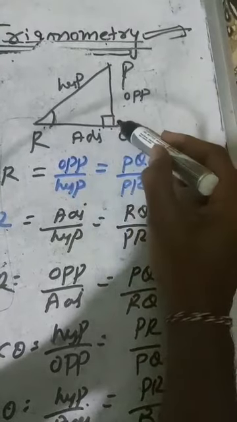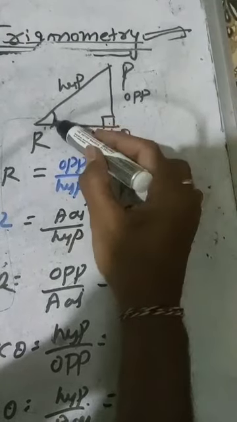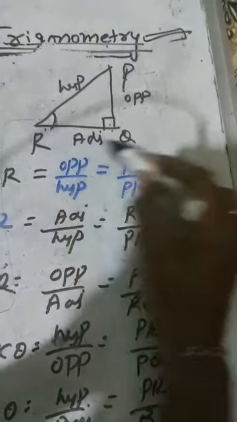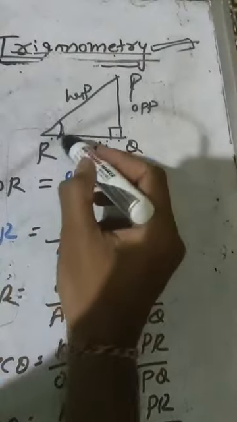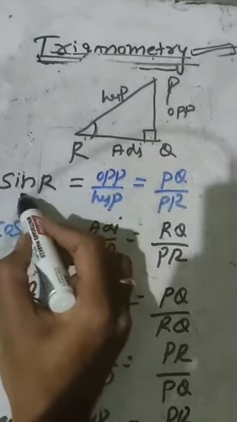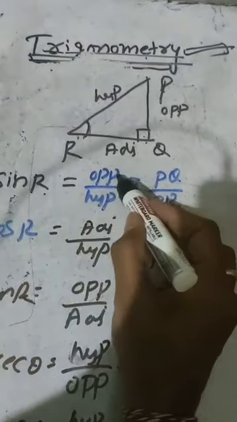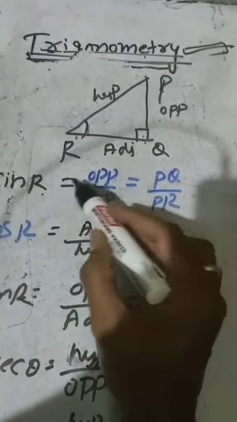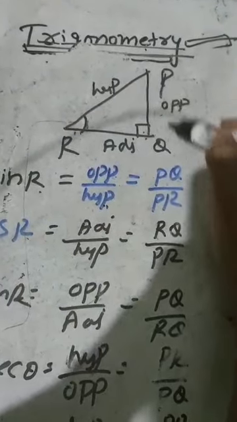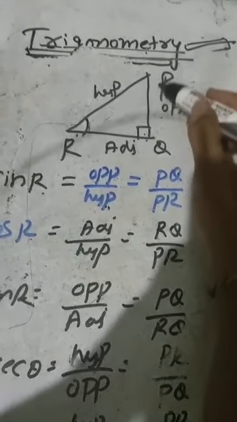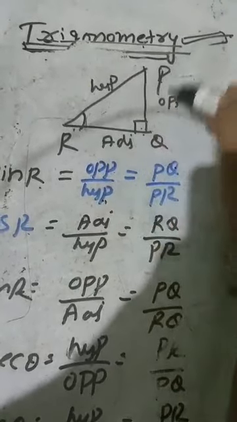The remaining side, which contains both the right angle and the marked angle, is called adjacent. What is sin R? Sin R means opposite by hypotenuse. PQ is the opposite and PR is the hypotenuse.